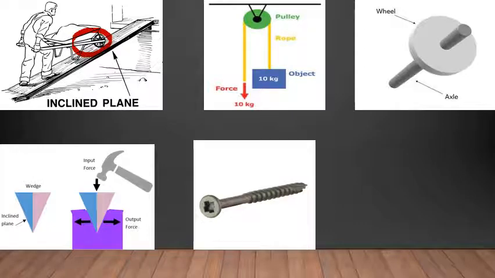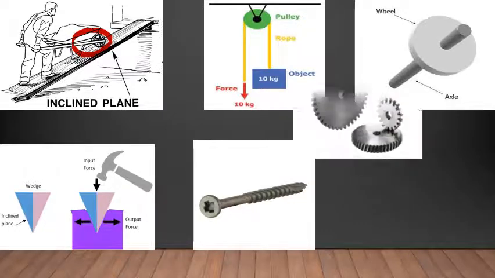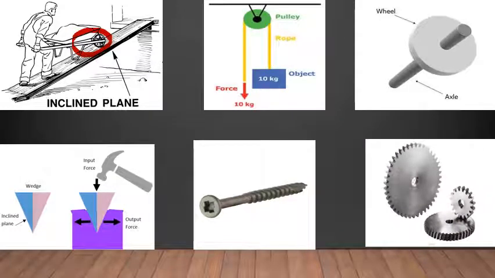And screws are very helpful to hold two different things together. Next is gears. Gears are also an example of a simple machine and can be used in our everyday life. So these are the examples of simple machines: the inclined plane, the pulley, the wheel and axle, the wedge, the screw and the gears.